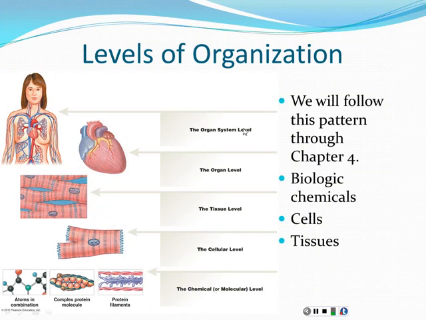Aren't you glad? All right, so this book, as well as almost all A&P books, starts with this same pattern of building up to the human being as an organism. So the first thing we're going to talk about, not today, but in the next couple of weeks, is chemicals.